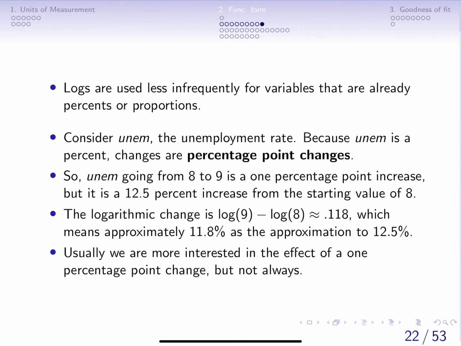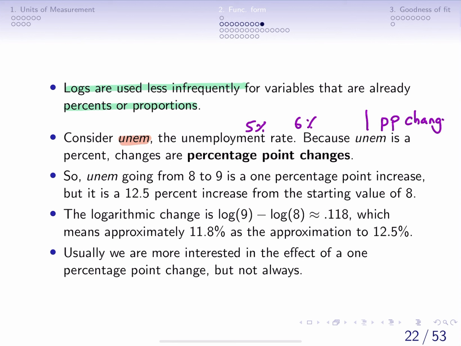Also, logs are used less frequently for variables that are already in percents or proportions. So think about a variable like unemployment. Unemployment rates could be 6%, 5%. They're always measured in percentages. So if unemployment was 5% this year and 6% the next year, this is a 1 percentage point change.